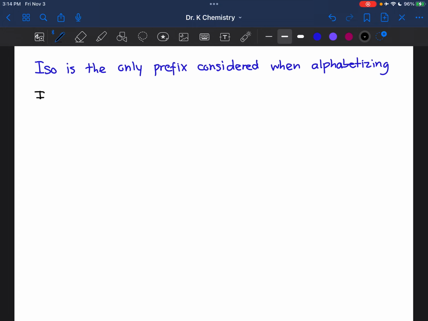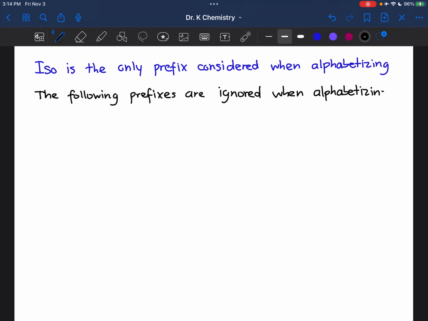So the following prefixes are ignored when alphabetizing. You will list them, but you will not alphabetize according to them.